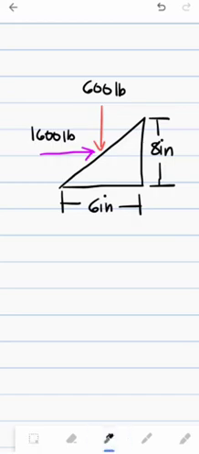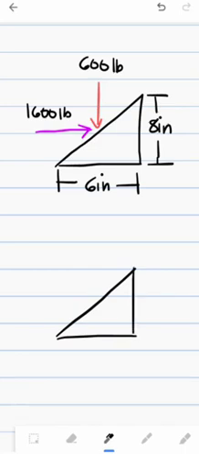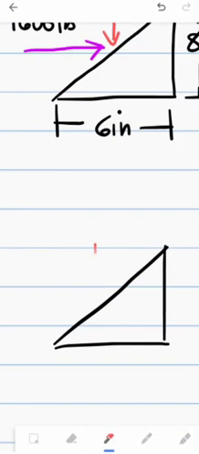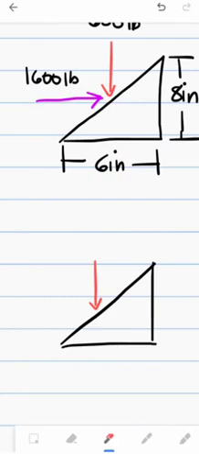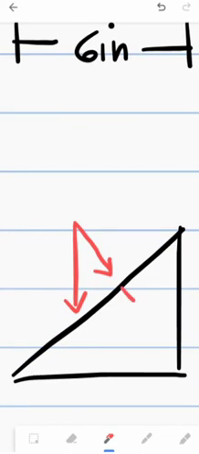So what are these normal and tangential forces? When we say normal, it refers to the perpendicular force component of the load. So let's say that's 600 pound. Its perpendicular component is this one, since it is normal to this surface, right?